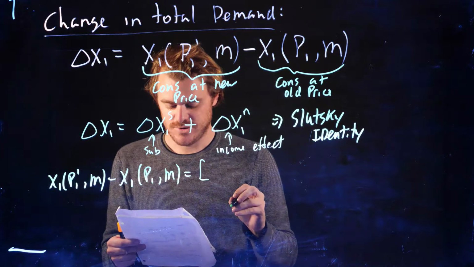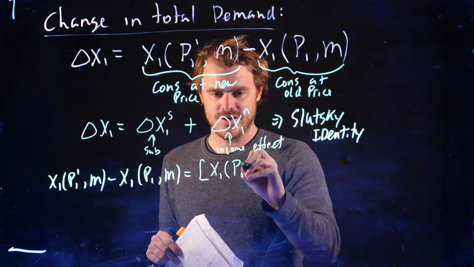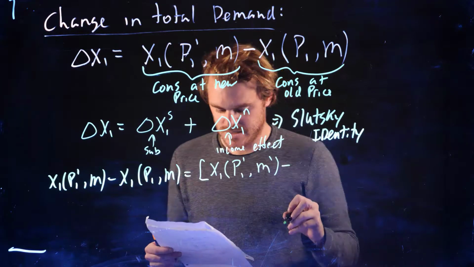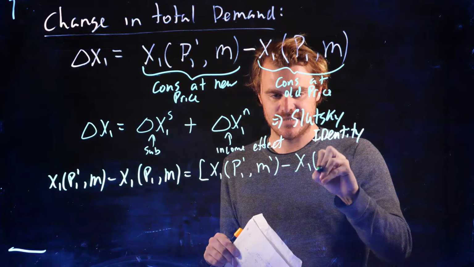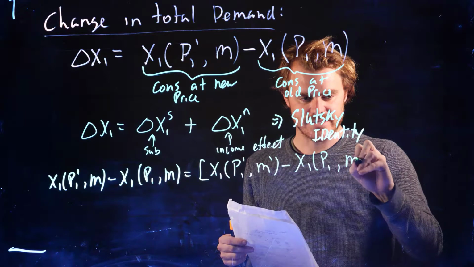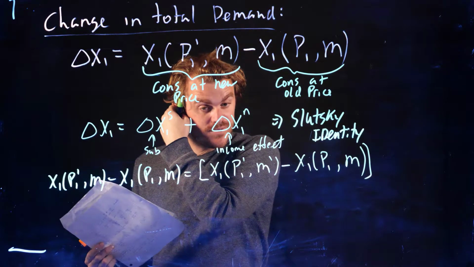Well, the substitution effect was the demand at the new prices and the adjusted income minus the demand at the original prices and original income. That was our definition of the substitution effect.